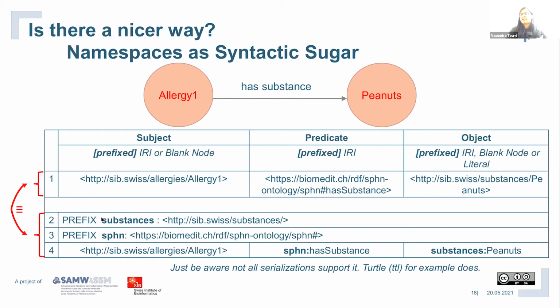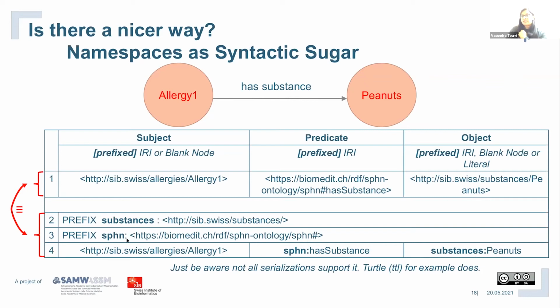So here we choose to have substances to represent the http://sib.swiss/substances. And then in the rest of our data, we can reuse substances whenever we want to refer to that IRI. So this is what you observe here on the bottom right. Substances, peanuts is equivalent to this.